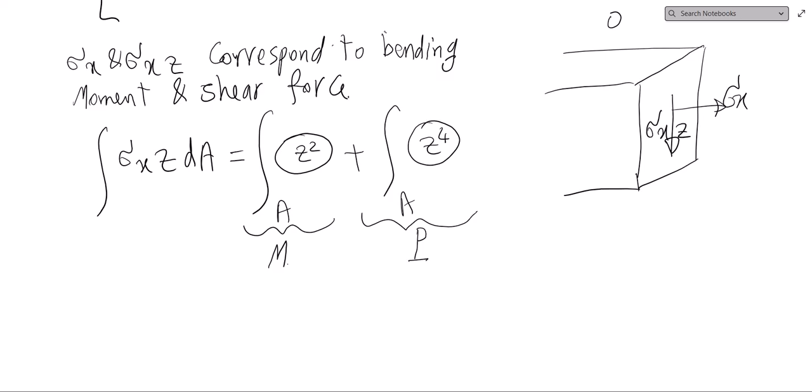Similarly, for shear, so this is moment, and for shear is integral of sigma x z dA. No z because we are in just, this is the force, there is no moment here.